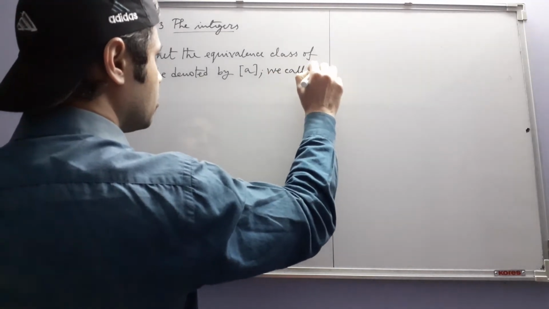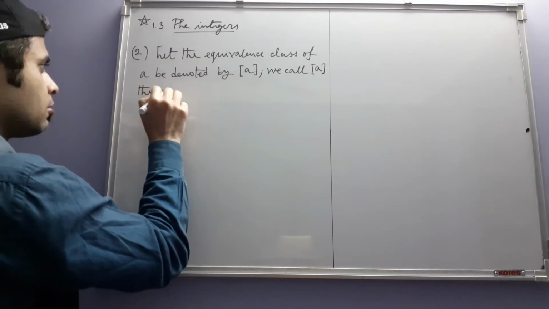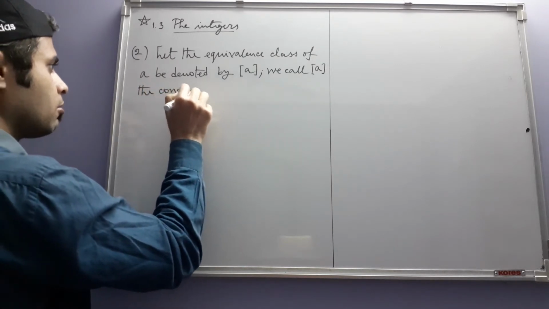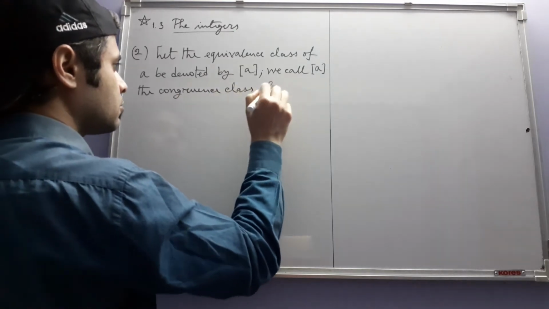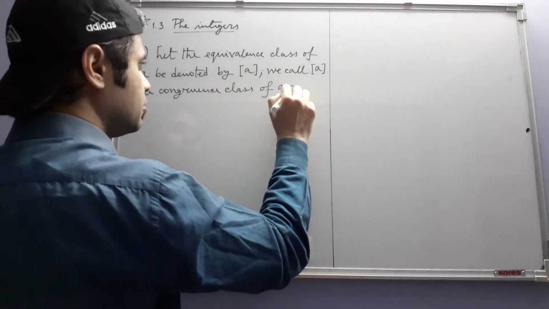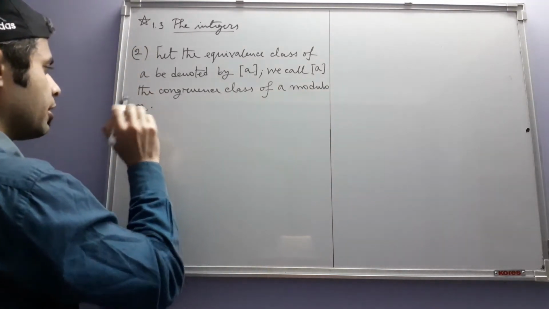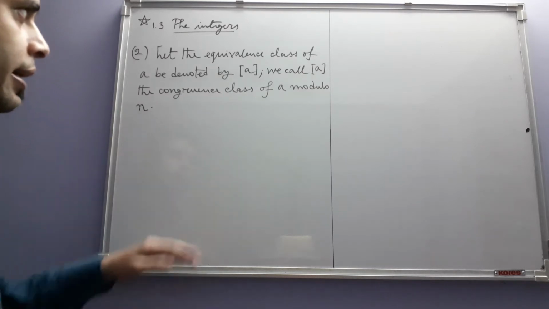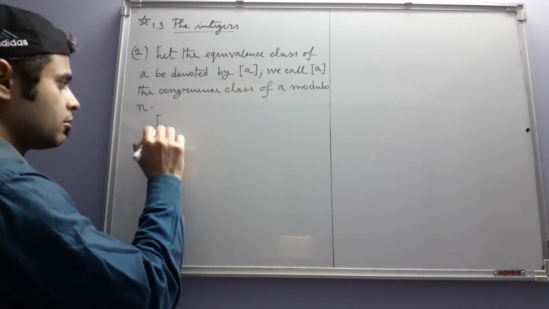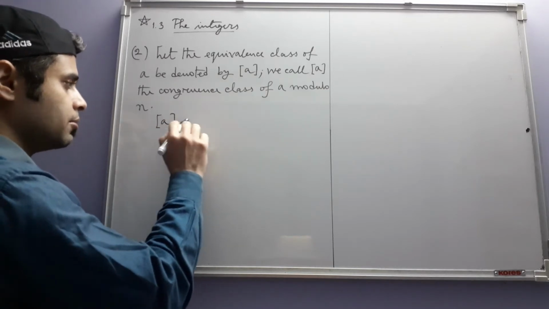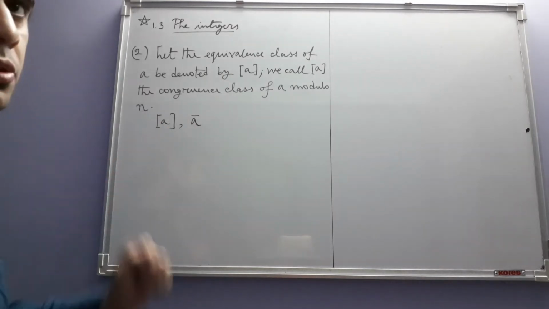We call this the congruence class of a modulo n. Okay, and some authors denote this same thing by this symbol, a bar, but we are not going to use this.